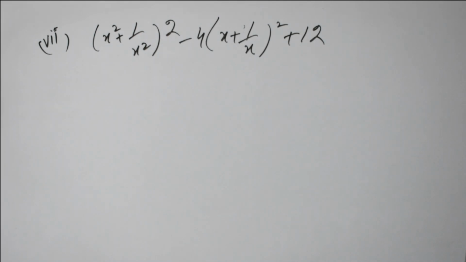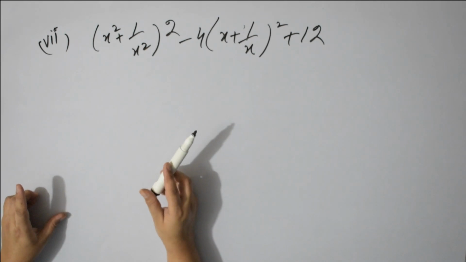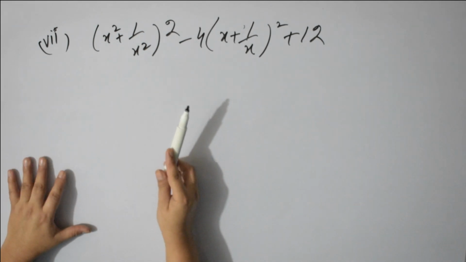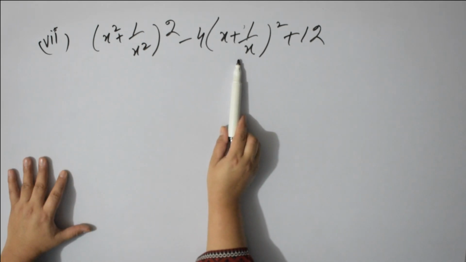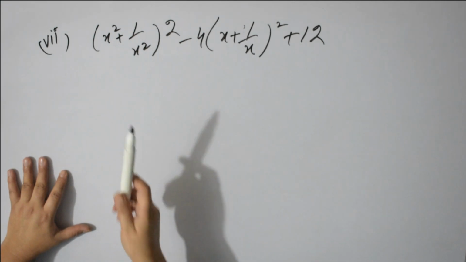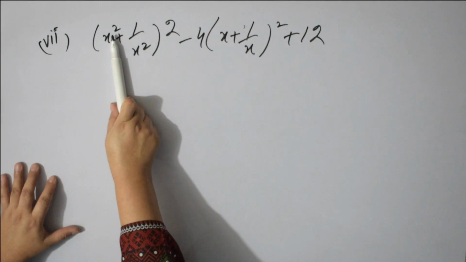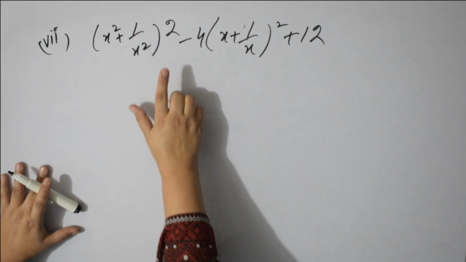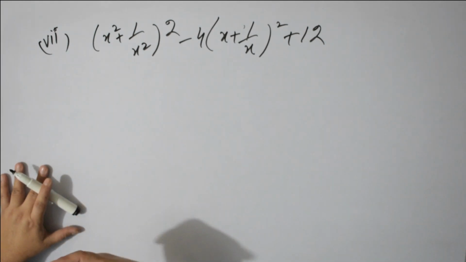Students, as you have noticed in the 6th part, they had given you the variables having power 1. There the first term also had x power 1, but in this part they have already given you x to the power 2. Here x square is present, so no need to open this formula or this formula, just start from your let.